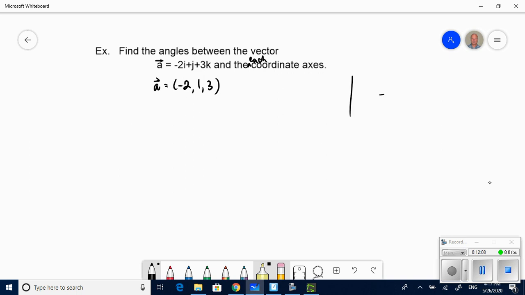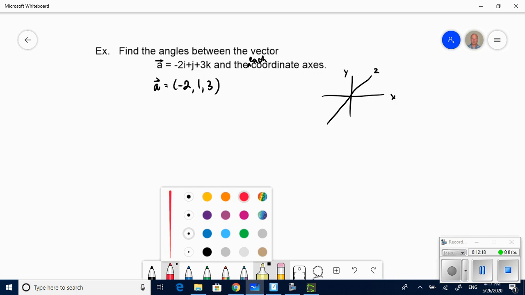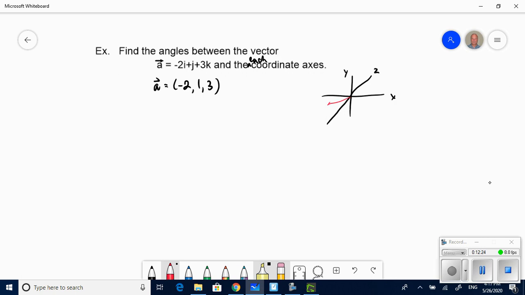So if we have these coordinate axes, and there's all 3 of them, you guys will get good at drawing this and visualizing this. Here's our vector. So negative 2, 1, and 3. So it's a vector that comes out about here.